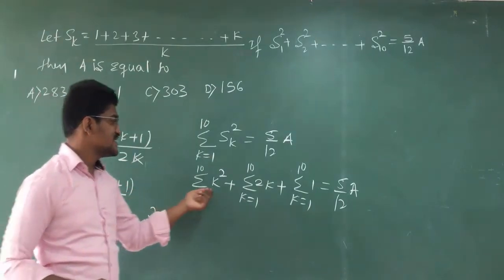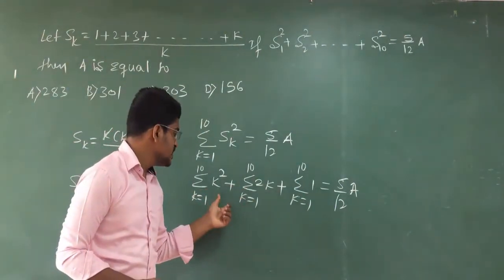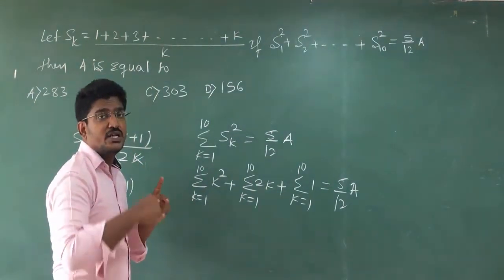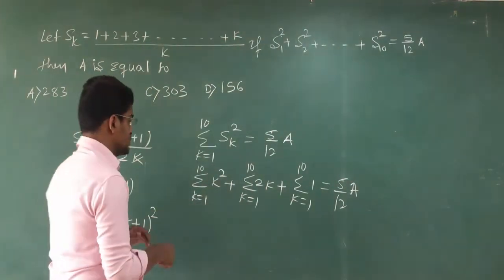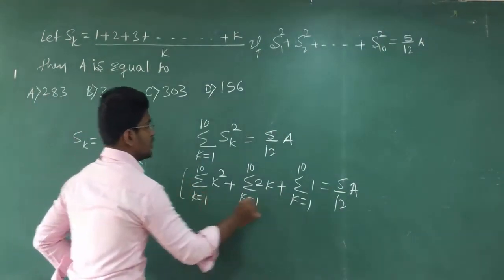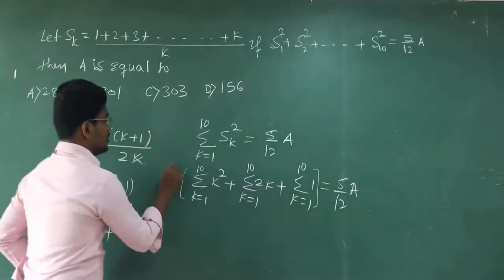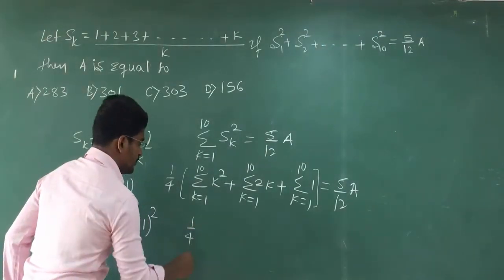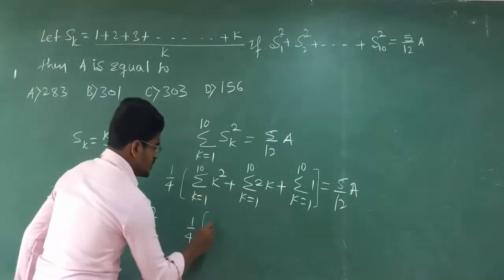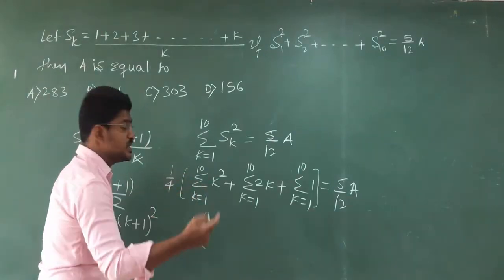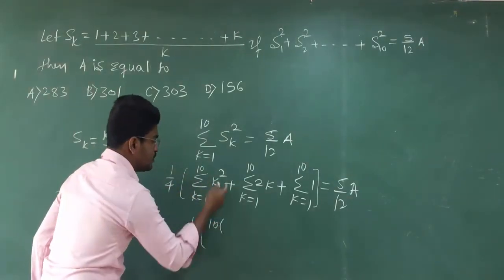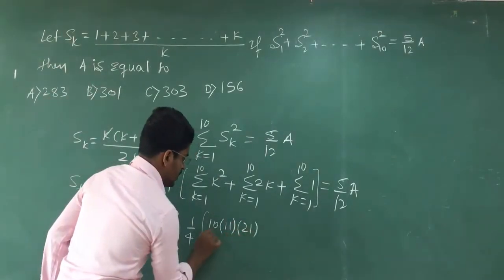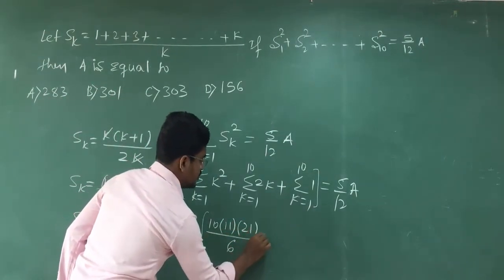Very good. And this is a nice summation of 3 terms. For k square, that means the n square formula, that is n into (n plus 1) into (2n plus 1) divided by 6. This 1 by 4 I will write outside. So 1 by 4 times the summation of this term, n into (n plus 1) into (2n plus 1). That means n is 10, n plus 1 is 11, 2n plus 1 is 21, divided by 6.